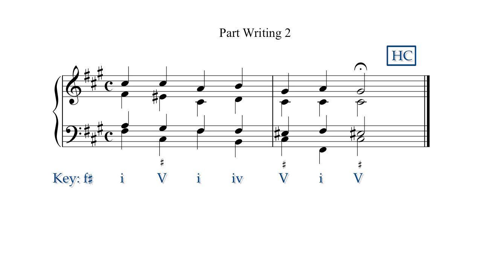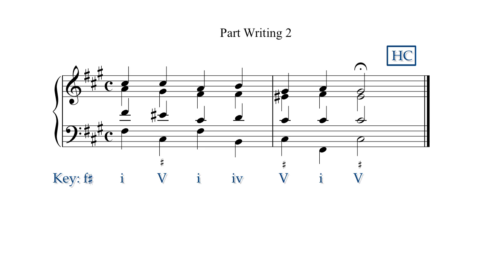While this is not always possible, it is a way to sometimes solve the problem of parallel perfect fifths. If you invert parallel perfect fifths, they become parallel perfect fourths and become acceptable.